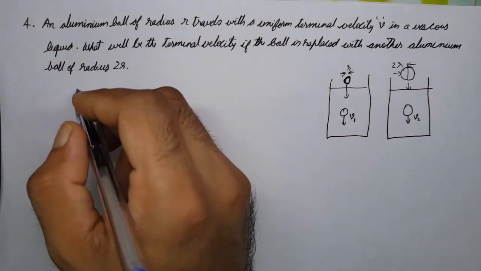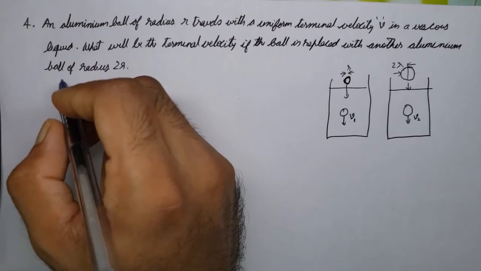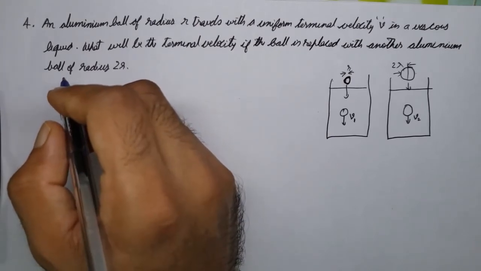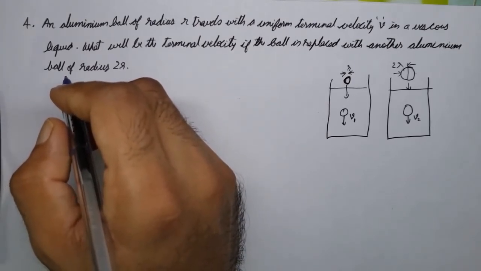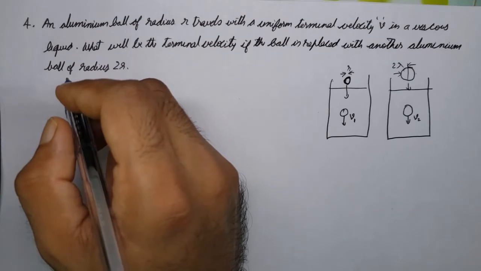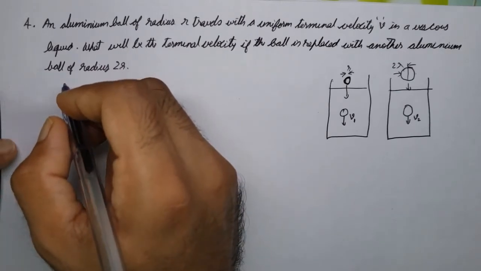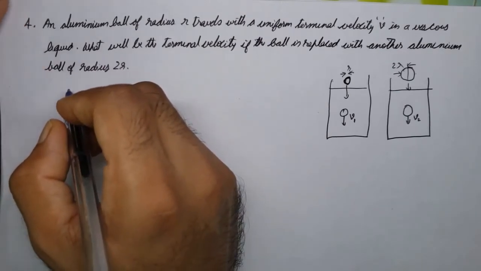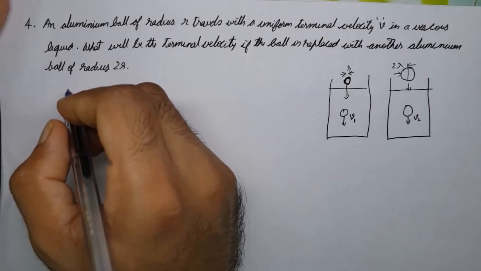Here we are using the Stokes formula. We have to use the Stokes formula for the viscosity of the fluid.